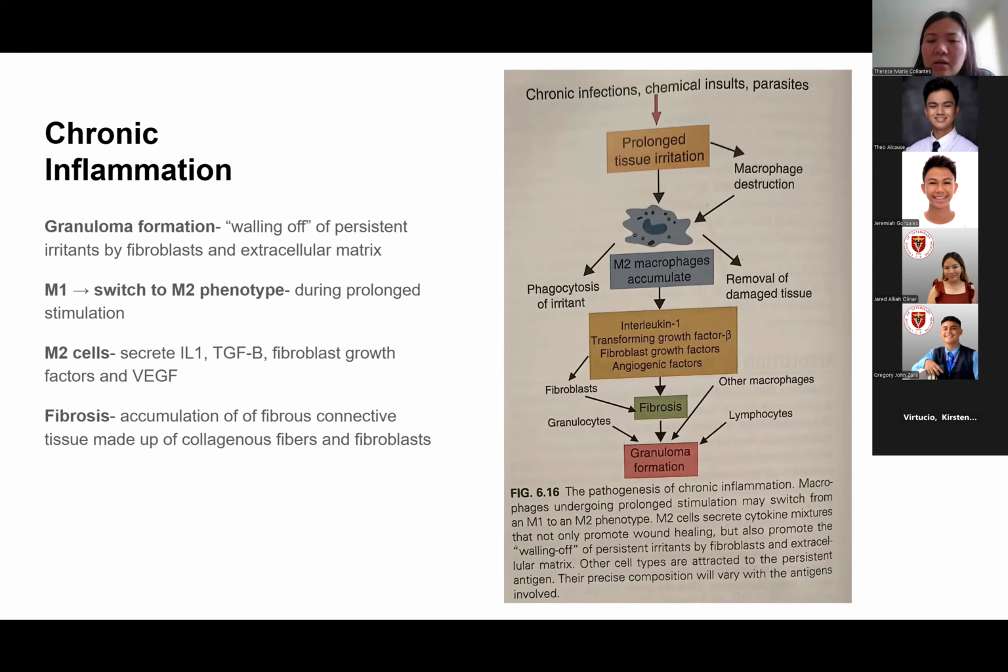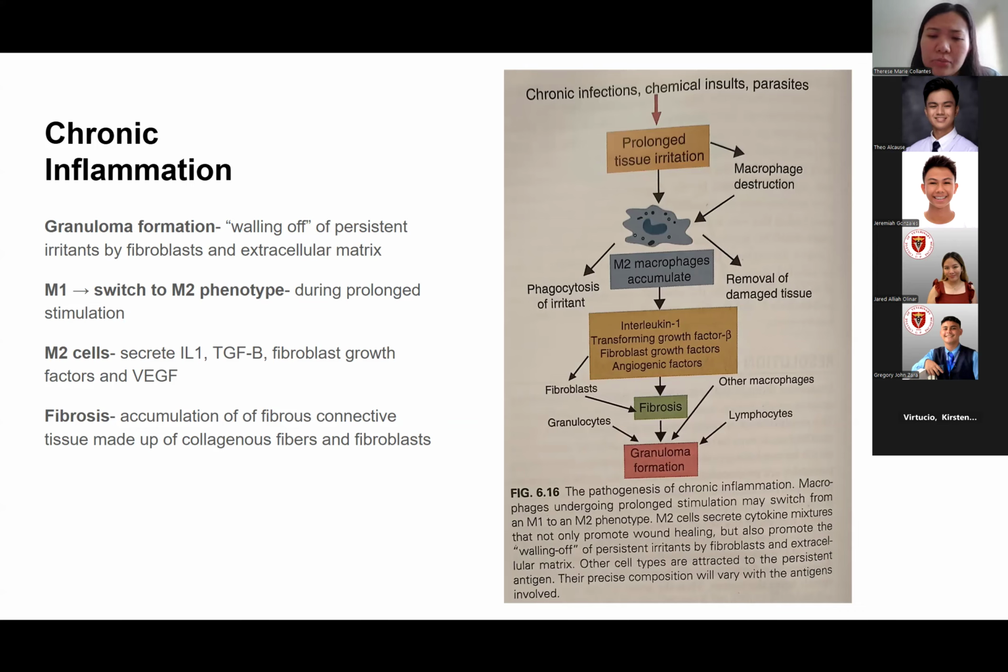Let's say the body is not able to remove a particular antigen or bacteria or parasite. Mostly, these types of infections are what we call chronic. A very good example of this would be a parasite, a worm.